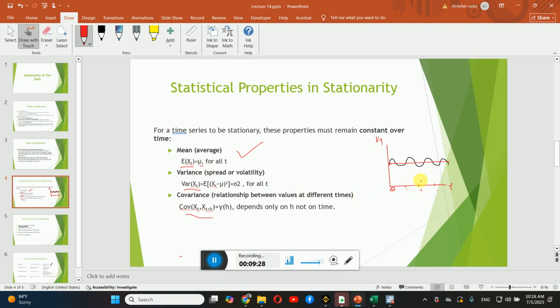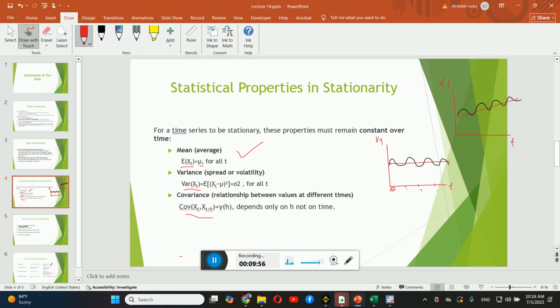What happens, dear students, if the mean value is not constant? Then the graph looks like this. Here we have t, here we have xt, and the data looks like this. Look at the behavior. The trend is different. Now the average line is here.